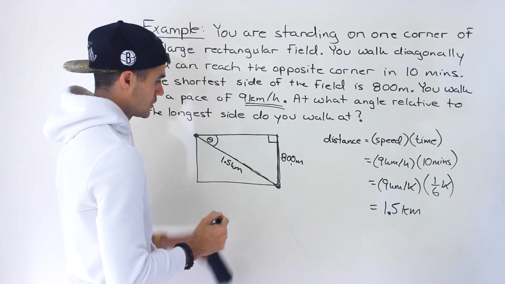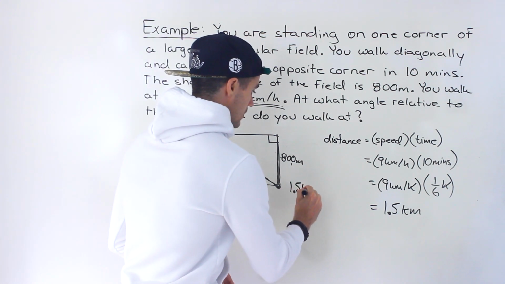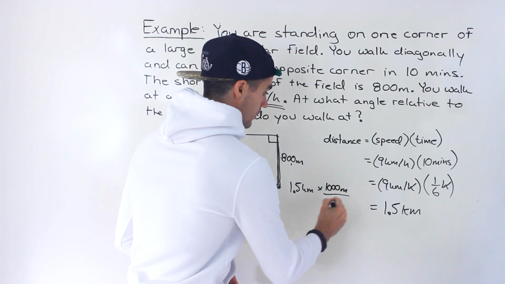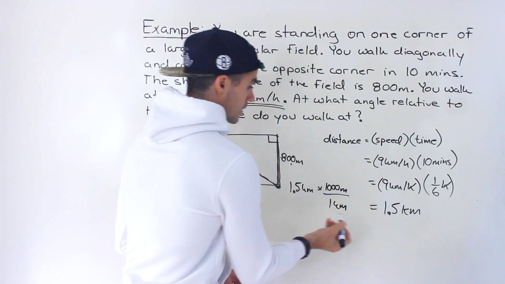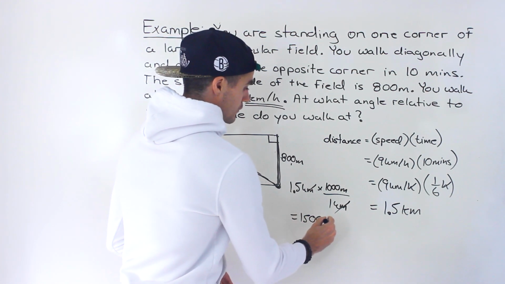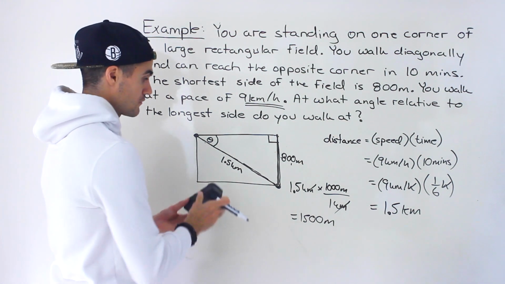I think I'm going to convert the kilometers to meters. So 1.5 kilometers, well, there are 1,000 meters per 1 kilometer, like that. The kilometers cancel out, so we end up with 1,500 meters, right? 1.5 kilometers is the same as 1,500 meters.